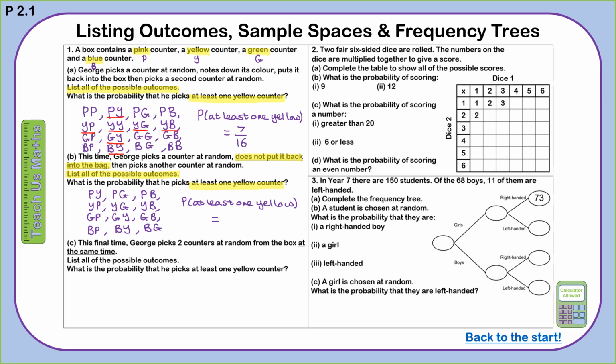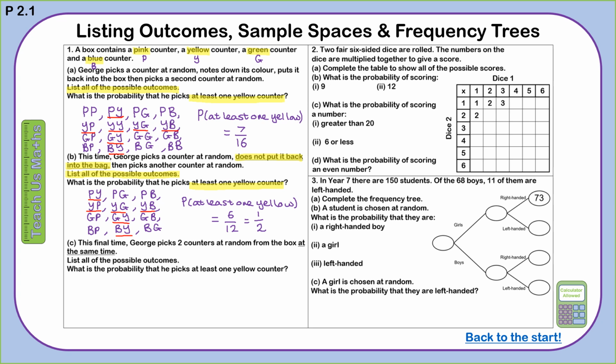So counting how many of the 12 outcomes had at least one yellow counter in them, so 1, 2, 3, 4, 5, 6 outcomes out of a possible 12. So the probability of picking at least one yellow counter in this situation is a half.